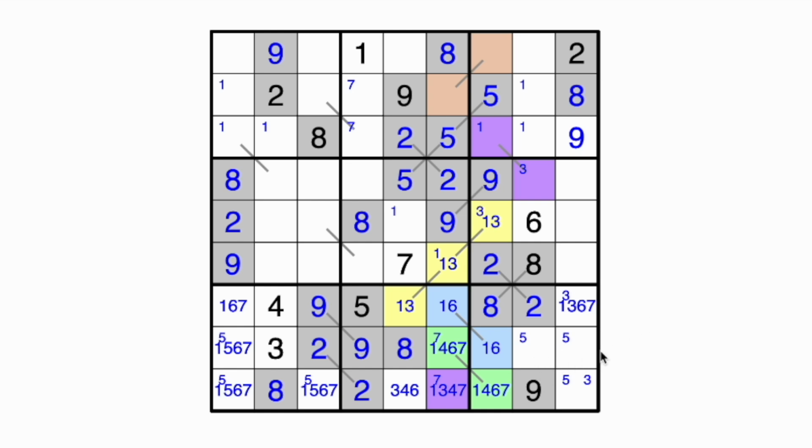Okay, so we got 5 here. We got 5s in these 3. I think that's all stuff we knew already. But we're narrowing down our color options a lot, because that one has to be brown. Okay. Which puts brown in one of these 2. What else? We've got blue, purple. 5, 9, 2, 8.